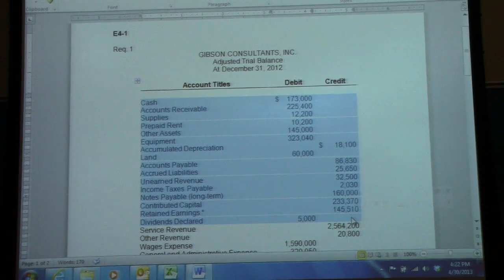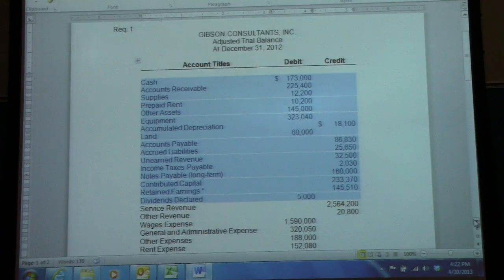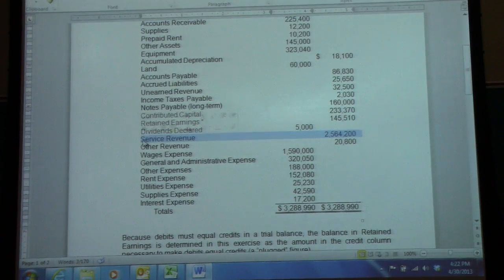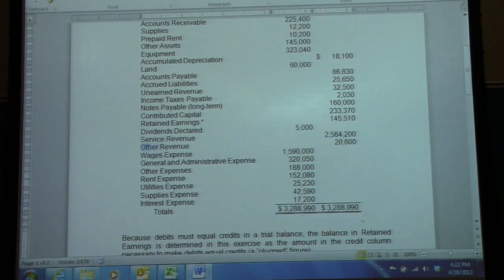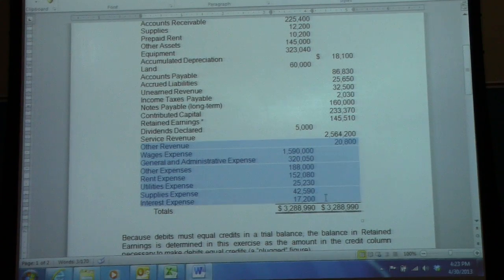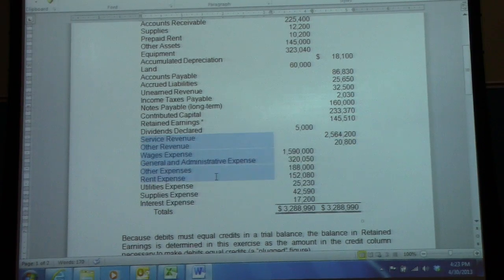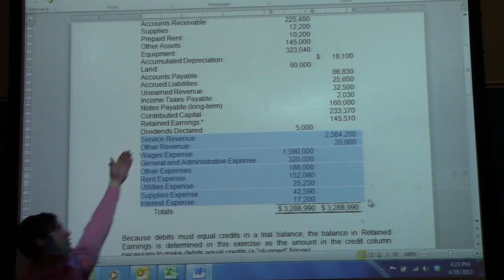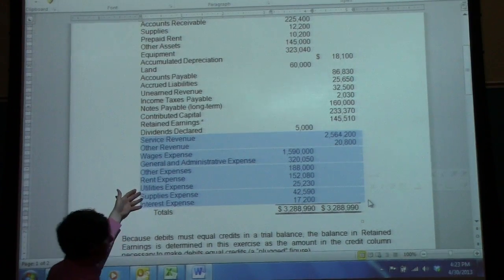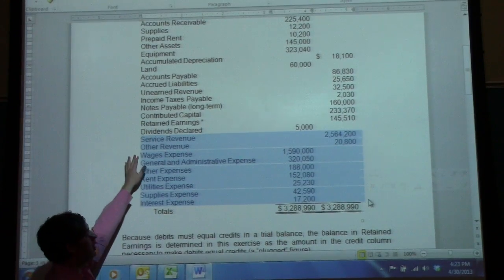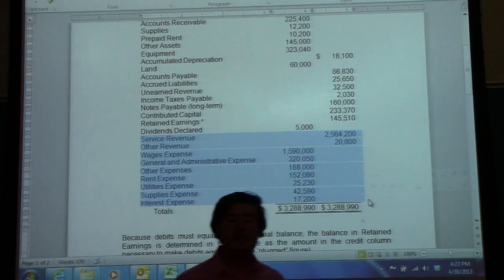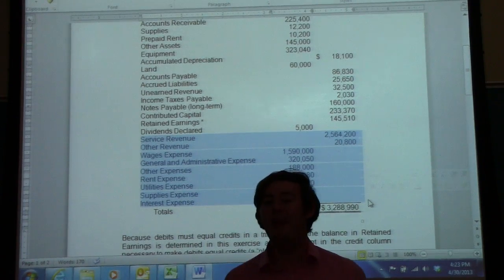The next accounts that you should have listed in the order are the income statement accounts. You have service revenue here, other revenue, and then you go on to all the expenses here. I'm going to highlight the service revenue as well. Okay, and this makes up your income statement. Notice you have revenues at the top here, and then the rest of the expenses are listed out. The dividends declared account, and all of the income statement accounts, are all considered temporary or nominal accounts.